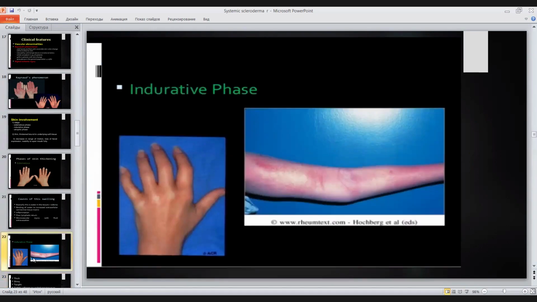Okay, come back to this slide. Now look here. In this slide, when the patient showed his hand, he can't flex his hand because fibrosis causes induration, and also shiny skin. Hair loss was also here.